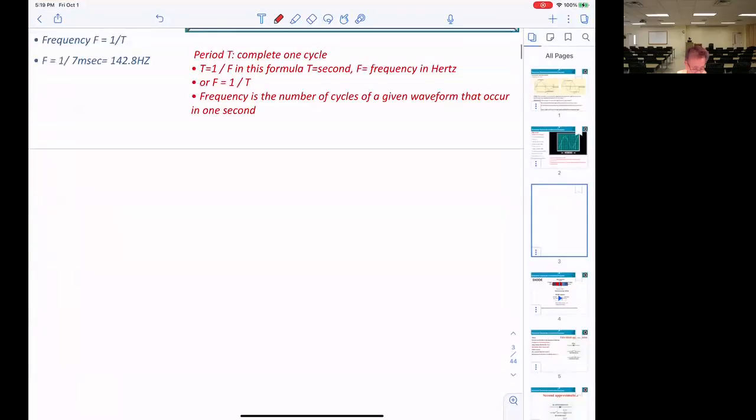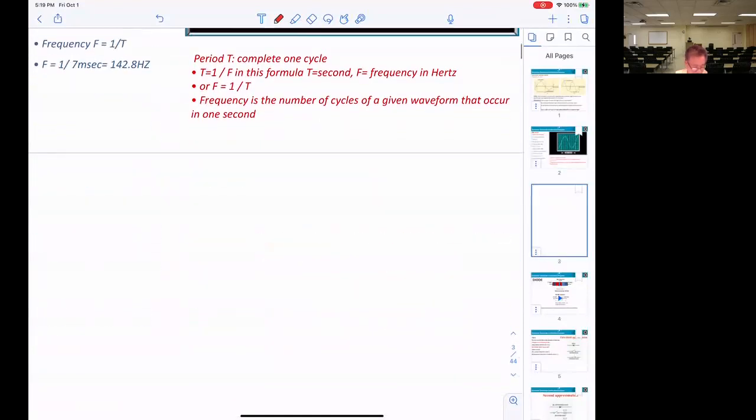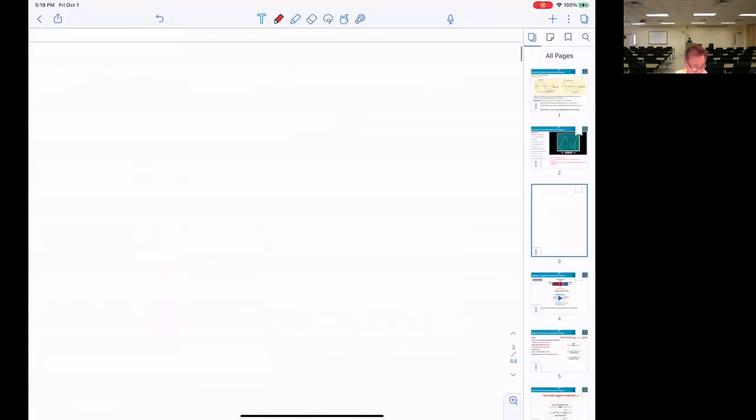Okay, so now let me get into my iPad. Okay, I try to go over quickly, go through the diode.